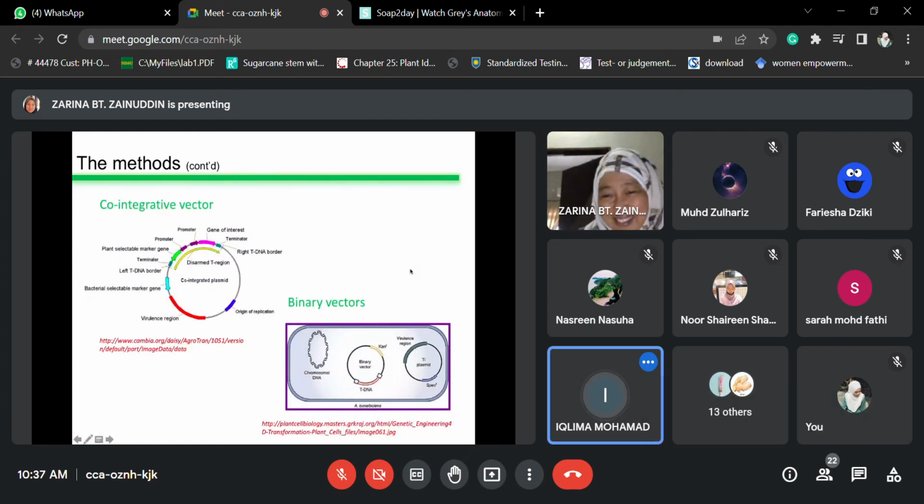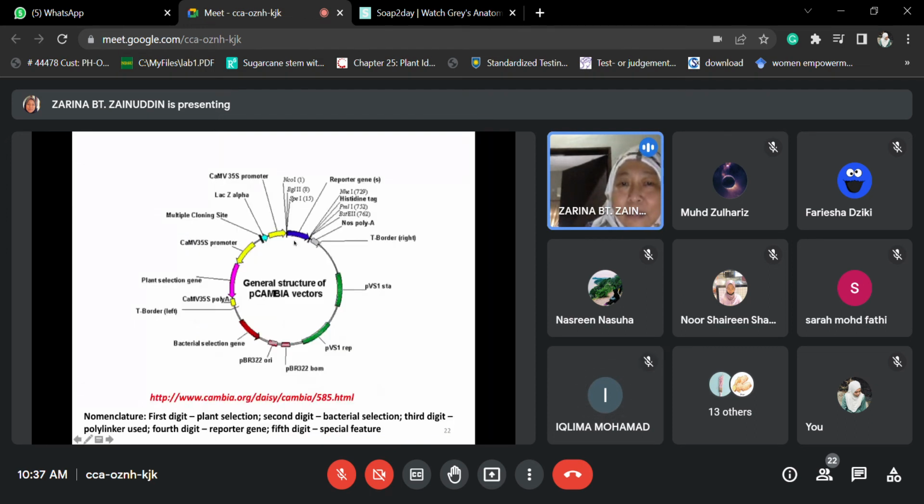Okay, what you need to multiply sekarang ni adalah yang ada gene of interest tu. You multiply dalam E. coli dulu, lepas tu you isolate, masukkan dalam agrobacterium. Yang you want to transform, boleh? Clear? Okay.